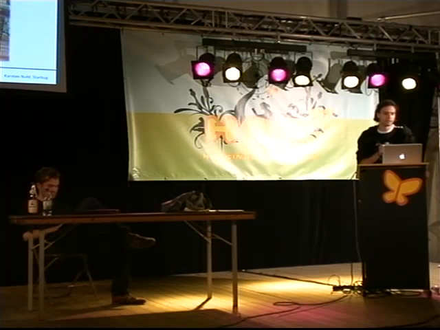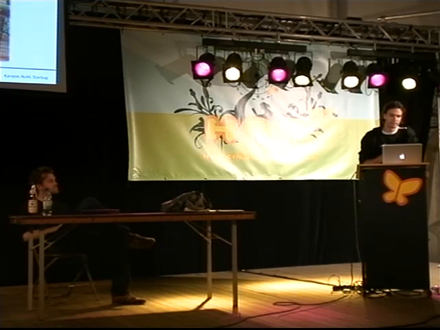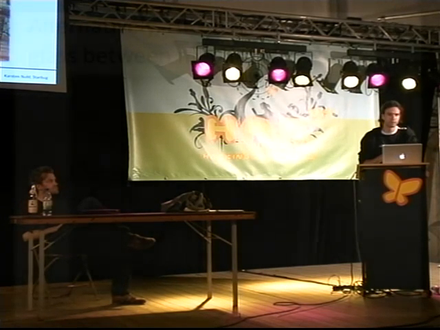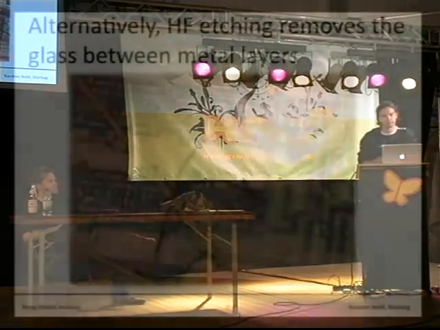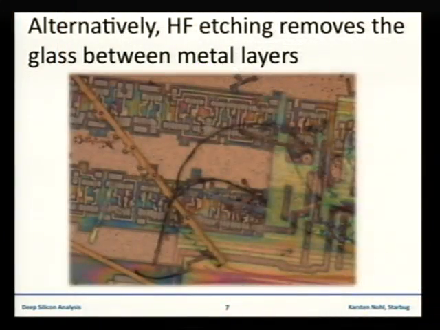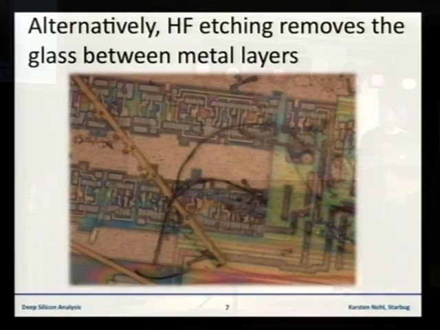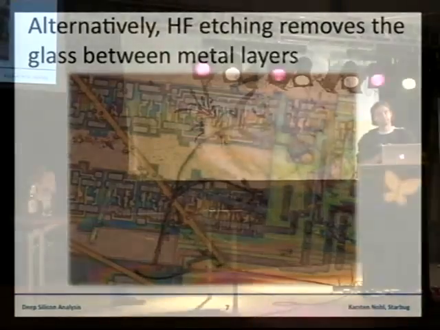There's another possibility to get to the single layers, and it's called etching, wet etching with hydrofluoric acid. The hydrofluoric acid will attack the silicon dioxide, which is an isolator between each layer. But as you can see on this picture, there's a little problem getting to one exact layer.